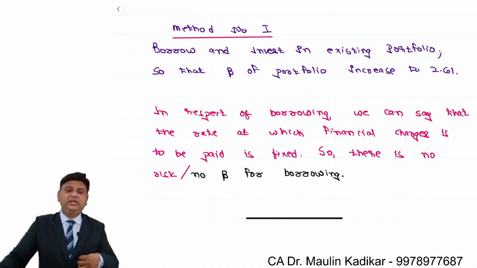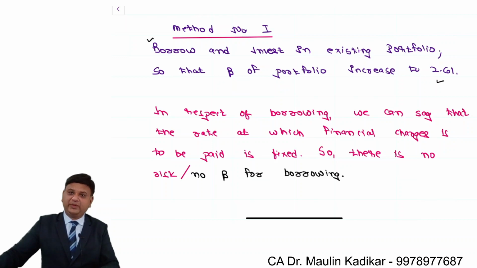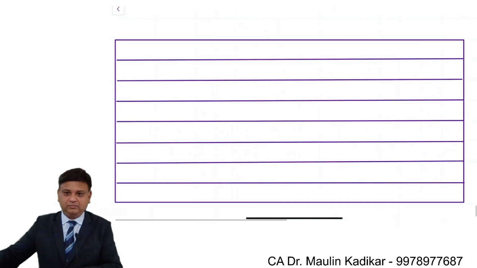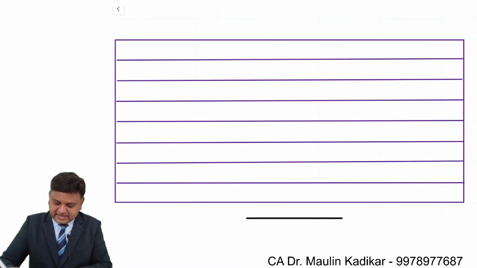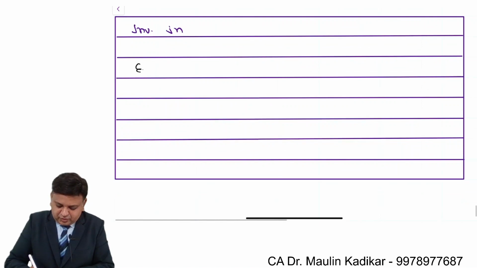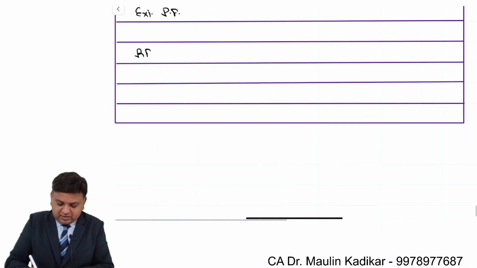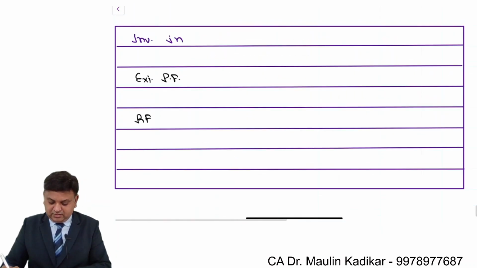I want you to tell me the answer in the chat box: what is the amount of funds to be borrowed and invested in the existing portfolio so that the beta of the portfolio increases to 2.61. So let us see how to make the calculation. Investment in existing portfolio, and we understand that you will be having the borrowing at a risk-free rate of return.